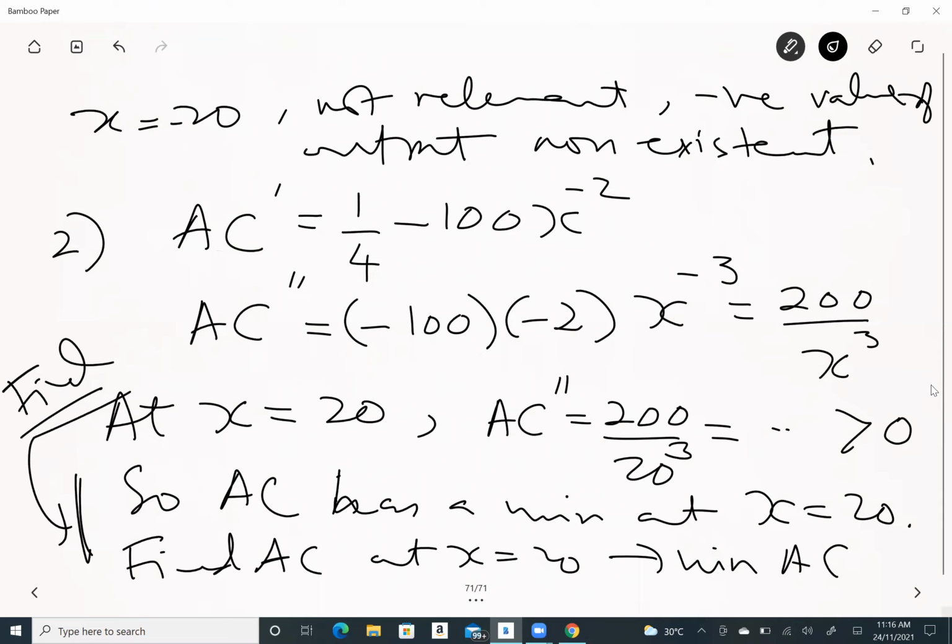Okay, so for maximum, you need to show the second derivative should be negative. Okay, for minimum, we should show that the second derivative at that critical point should be positive. So that's it. We are done with the application part.